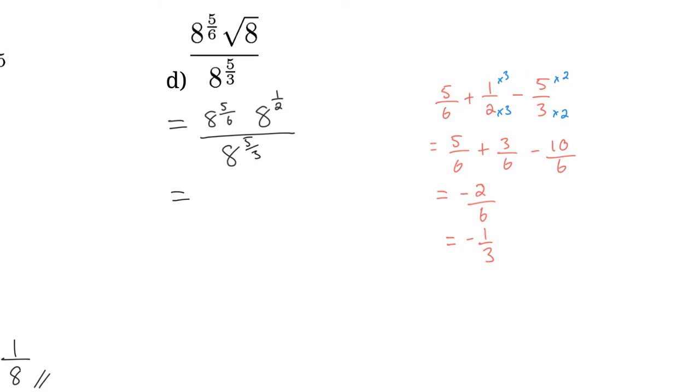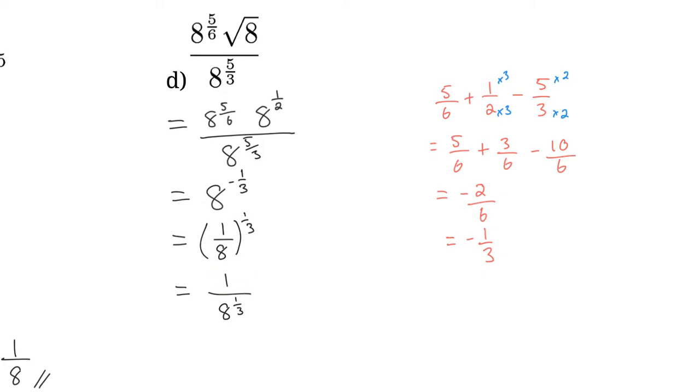So this expression is equal to 8 to the power of negative 1 over 3. But we're not done yet, we need to continue. So if we rewrite that with a positive exponent, this would just be 1 over 8 to the power of 1 over 3. And that's just 1 over 8 to the power of 1 over 3.